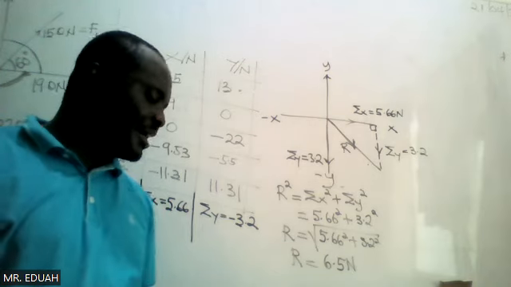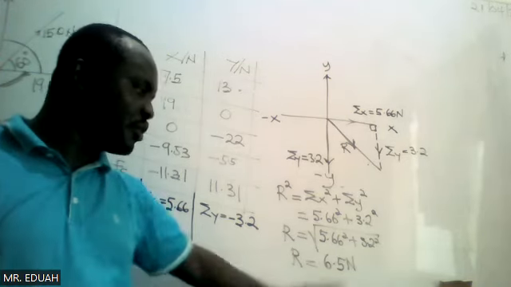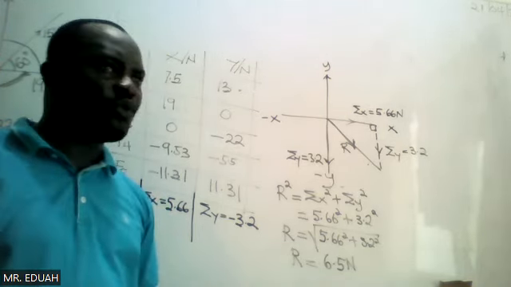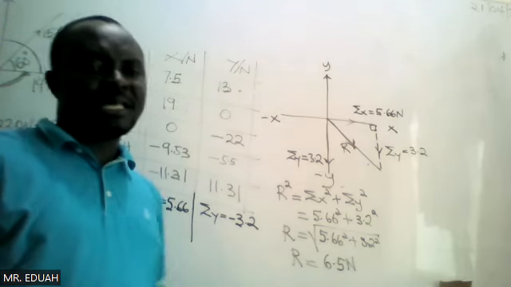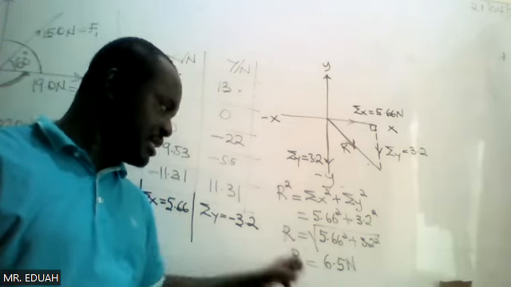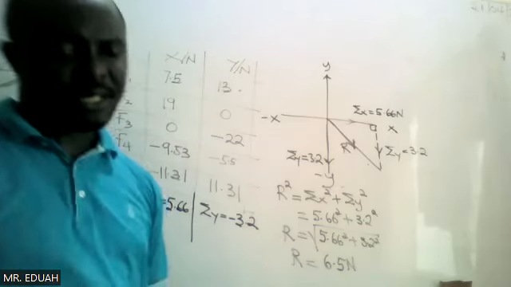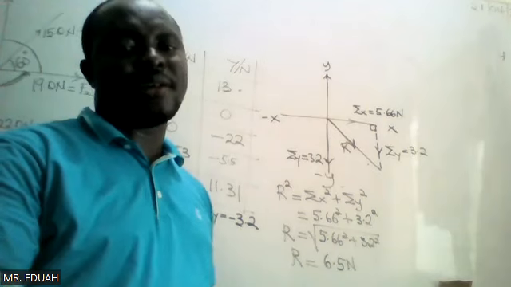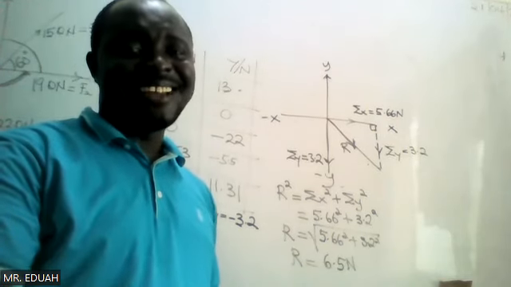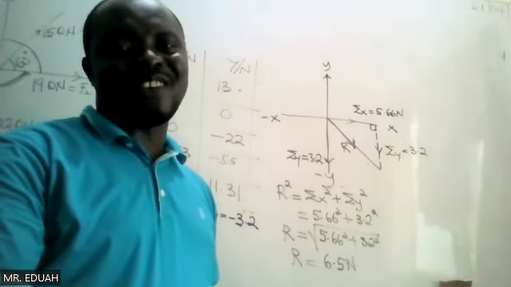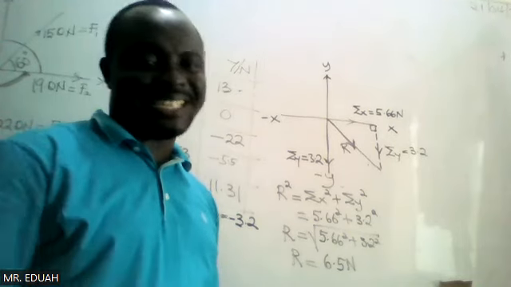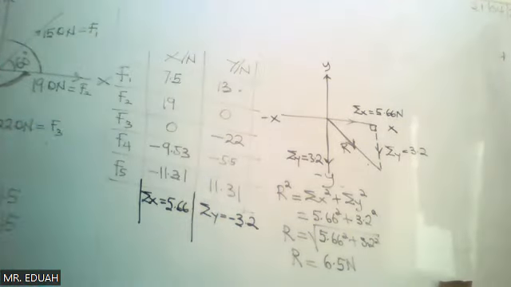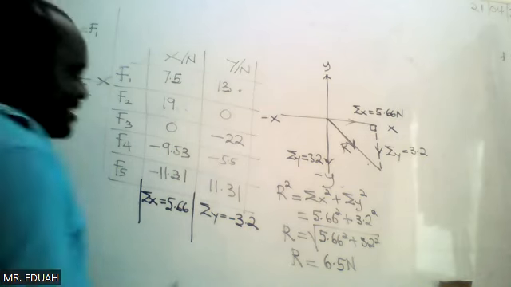Okay, so yes, some of you, out of the number that were able to submit, got the resultant, but the direction was not directed. So let's look at the direction of the resultant.